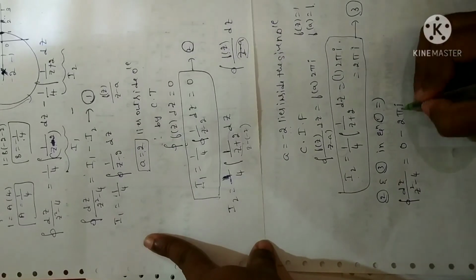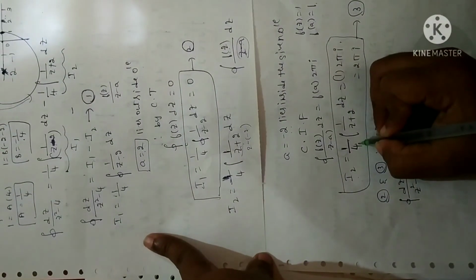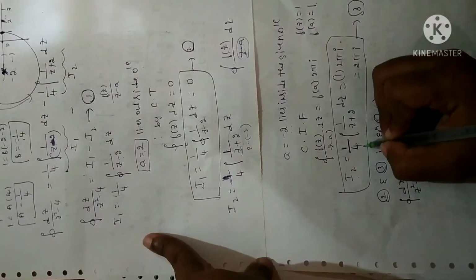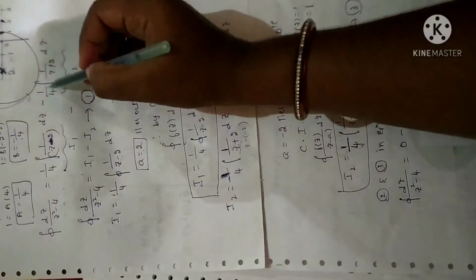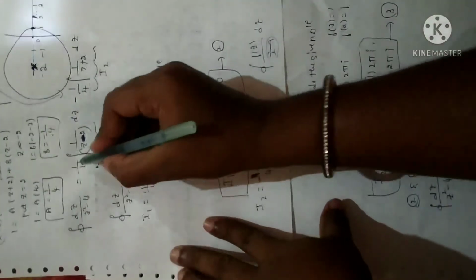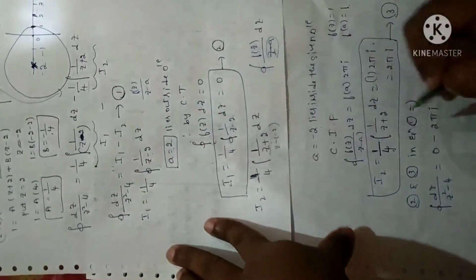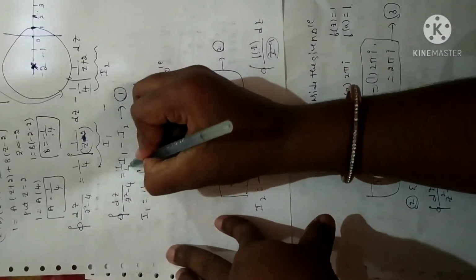Clear? And moreover, I have 1 by 4 here, right? So I have to write 1 by 4 also. Remember, you are making a major mistake here. Instead of taking 1 by 4 along with the integral, you just leave 1 by 4 as it is, because you are going to leave 1 by 4 at last. So that will be a major mistake. Let me take 1 by 4 here.